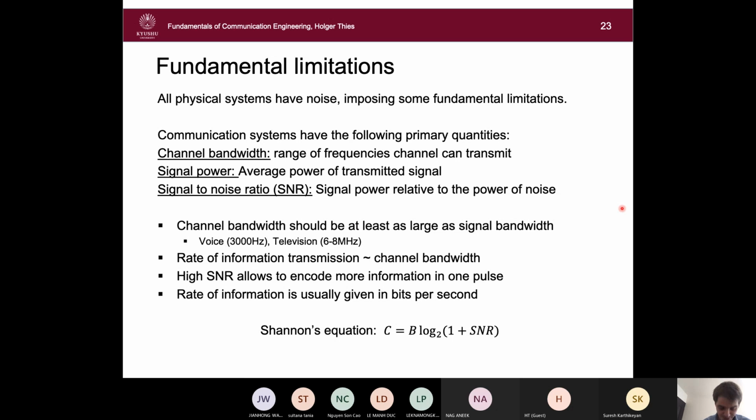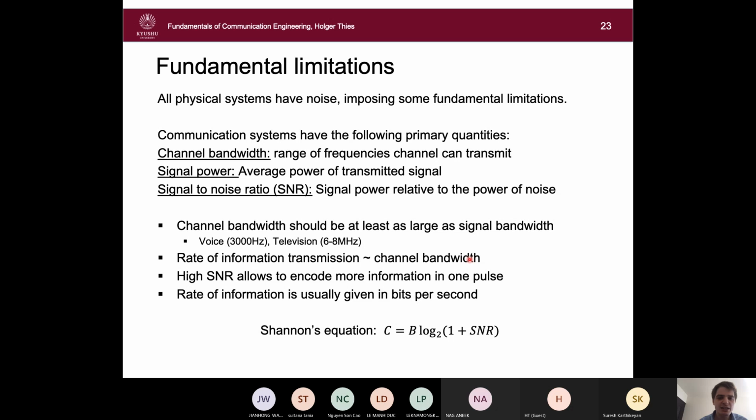So the unit for rate of information is bits per second. So how many bits can we transfer per second, which is the rate of information. We can see that this rate of information transmission should always be proportional to the bandwidth of the channel.